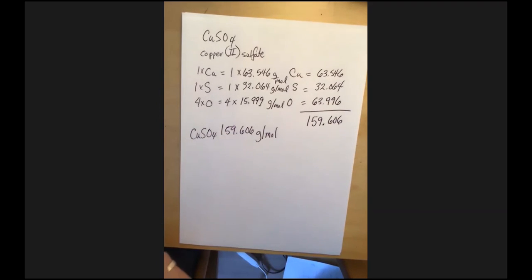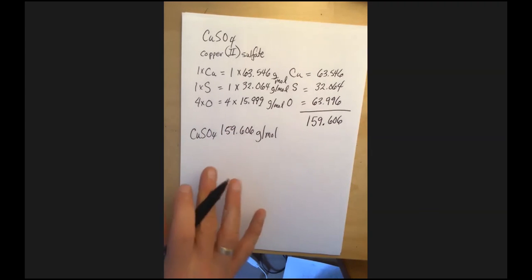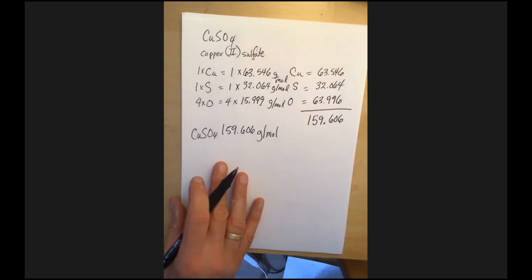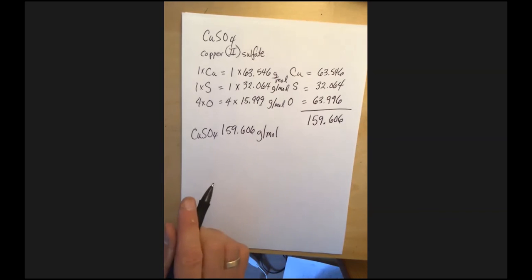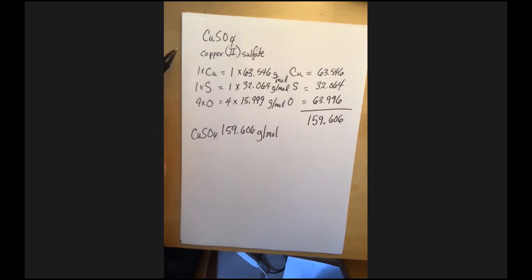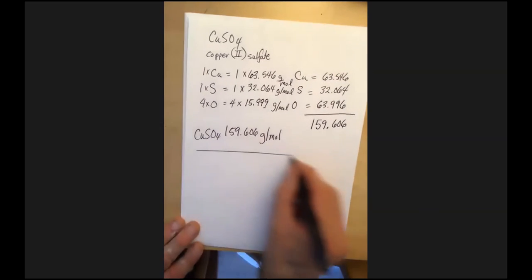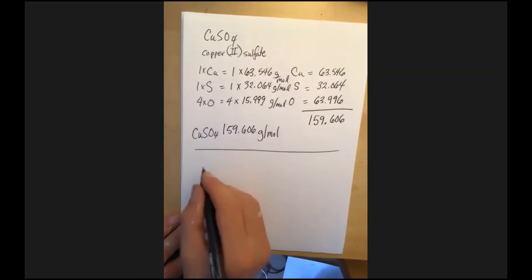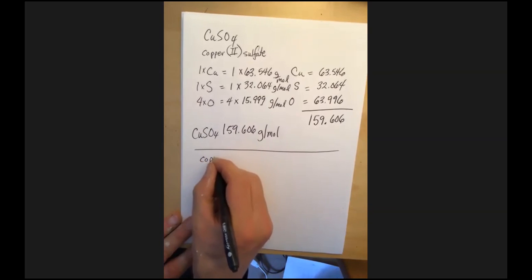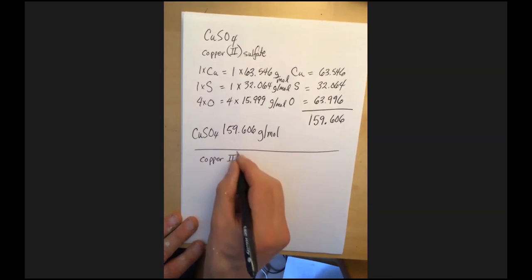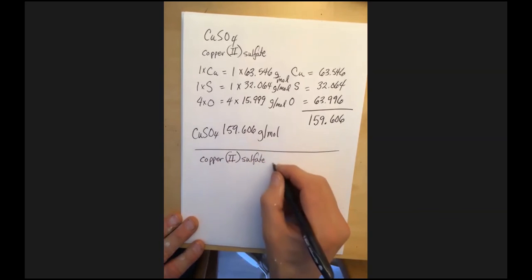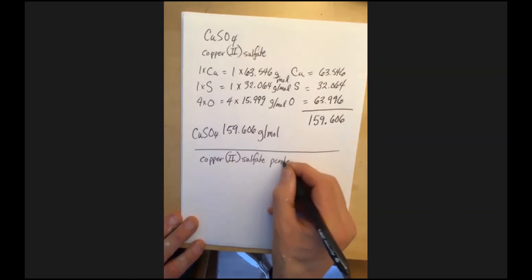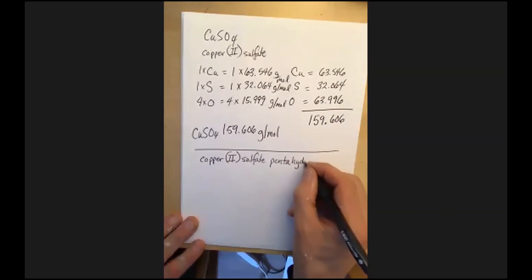This is a calculation students are going to do over and over and over again until it's totally trivial. However, you might see copper 2 sulfate, but you might run into something that seems like the exact same thing, and it'll say something like copper 2 sulfate pentahydrate.